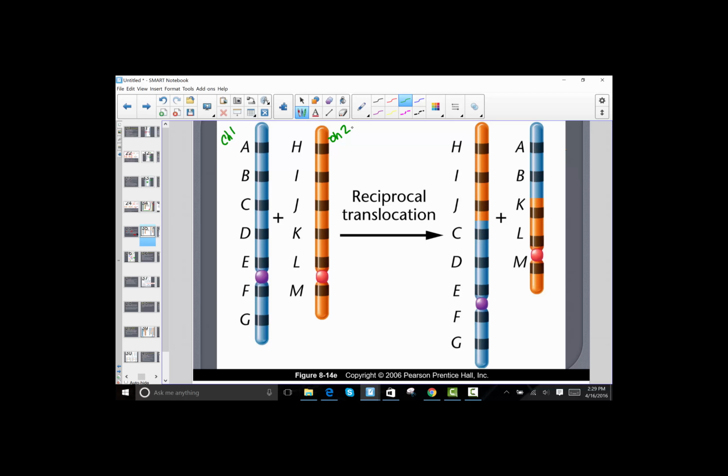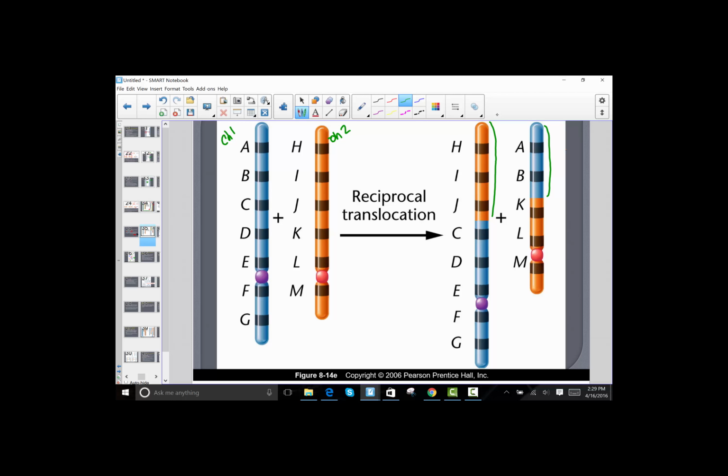And if you'll notice, basically what's happening here is we have the same piece of chromosome 1 that's transferred to the second chromosome, and we have a chromosome piece that's actually been transferred here. So while it's not the same amount of DNA that's actually being transferred, a reciprocal translocation just means that we are exchanging DNA between two chromosomes.